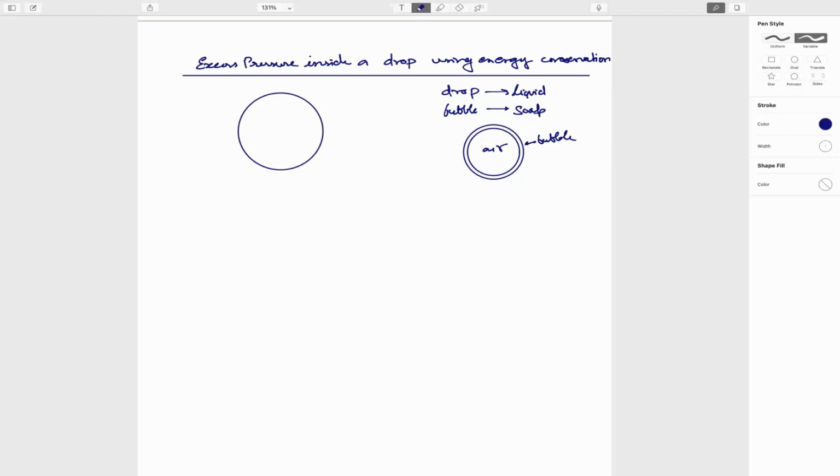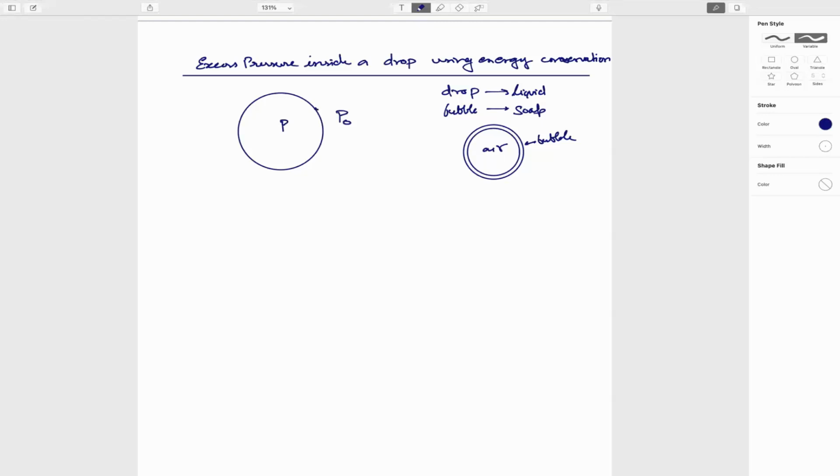So to find out the excess pressure inside this, and why there is an excess pressure, that's the question. If there is a pressure outside that is P naught, what happens is there is a surface tension acting on the surface due to the curvature.